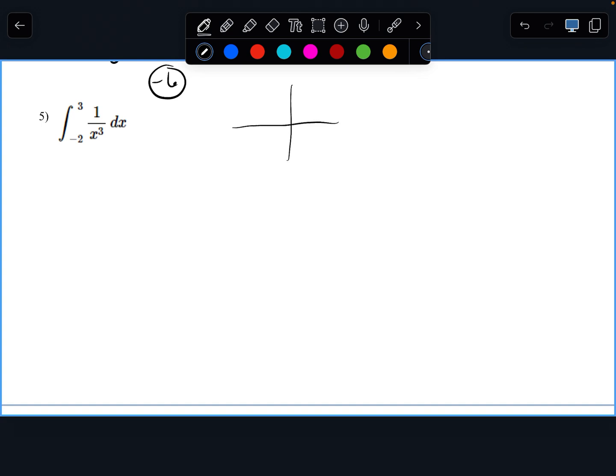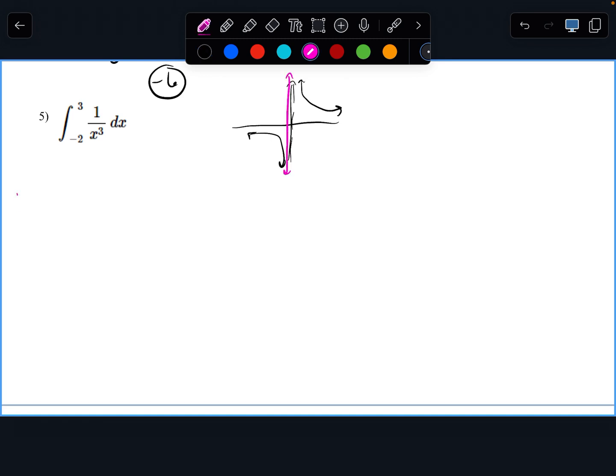So this graph has a vertical asymptote. What would that be looking like? Like this kind of ish. It's a little closer to the axes, but whatever. You get the vibe. So what I'm going to have to do is, 0 is where everything hits the fan.